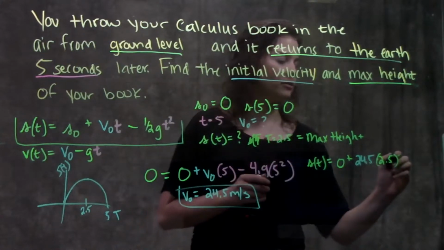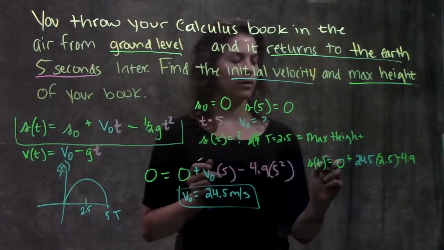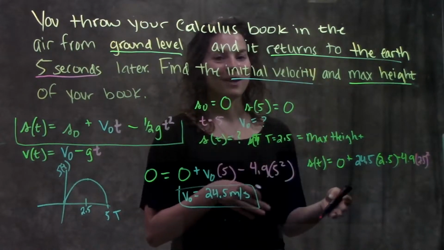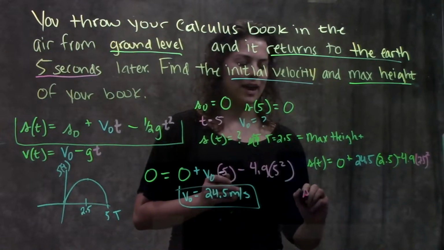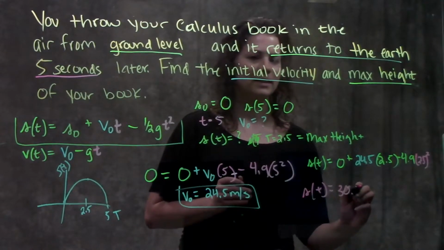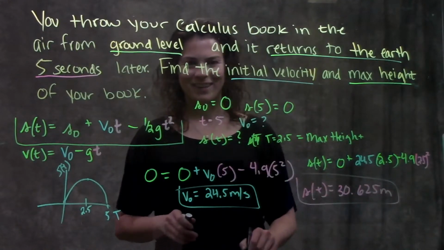Then minus 1/2 g, which is minus 4.9 t squared, or 2.5 squared. All right, once you plug all this stuff in, you should get that your S of t is equal to 30.625 meters. And that's your final answer.